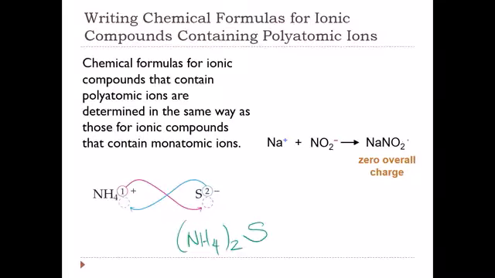But here we have equal magnitude, 1 and 1, so we know the subscripts are going to be 1, so no need for parentheses. Likewise here, equal magnitude means we're going to have subscripts of 1 to 1.